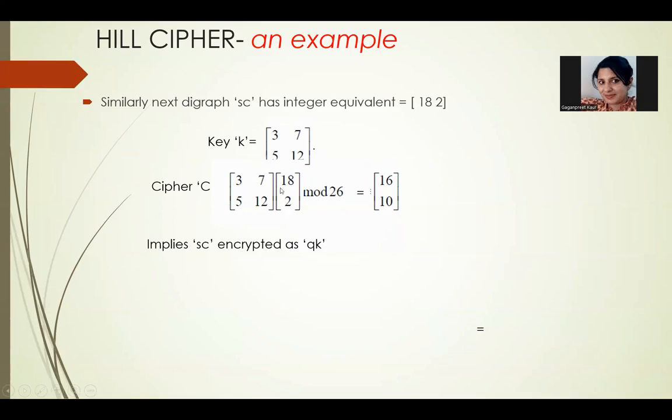So we again do the matrix multiplication and we should be getting these values, 16 and 10. 16 has the corresponding alphabet as Q and 10 has the corresponding alphabet as K. So this process can be carried out throughout till we are able to cover our entire message. And as I told you, if we are making digraphs and there is a single character which is left, meaning like we made digraphs and at the end a character E remained, then there is nothing with E, our message is finished, so I can put a dummy character X in case of that. So you will have to invent that if you have such a case.